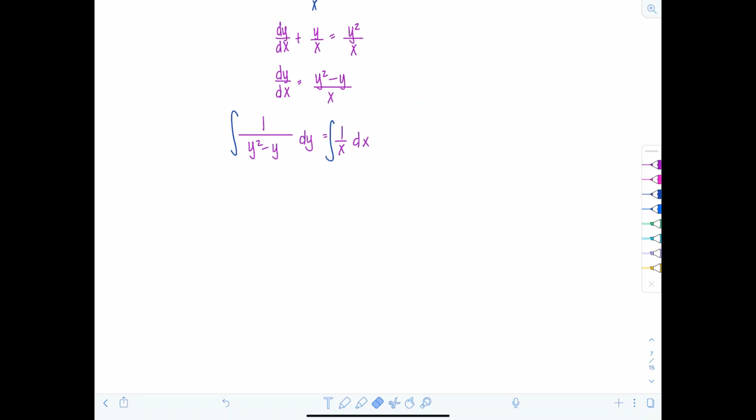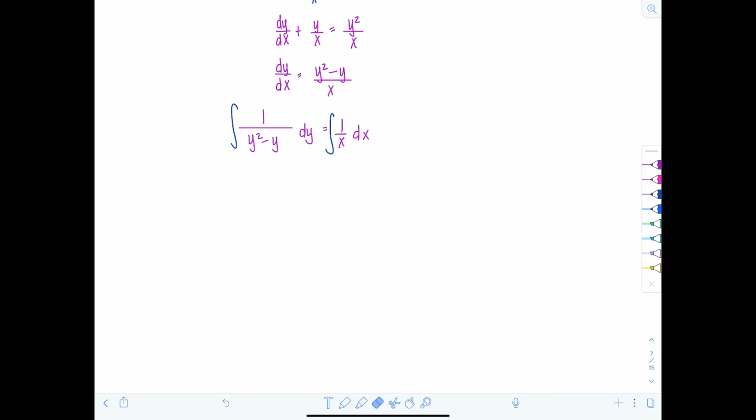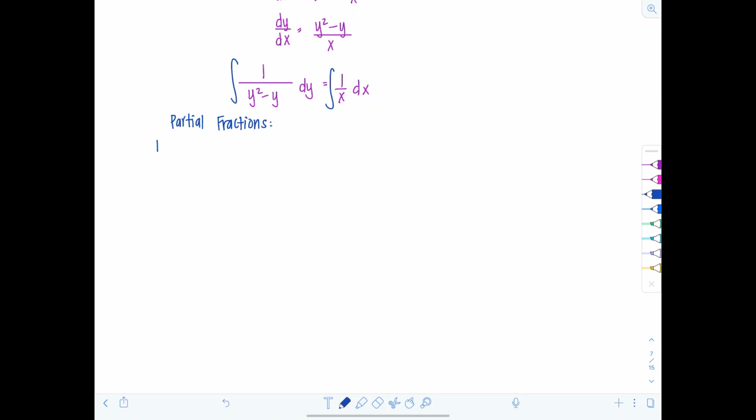All right, how do we deal with the left-hand side? Why, yes, it's time for partial fractions. So let's do the decomposition. We have 1 over y squared minus y is y times y minus 1. So this equals a over y plus b over y minus 1.